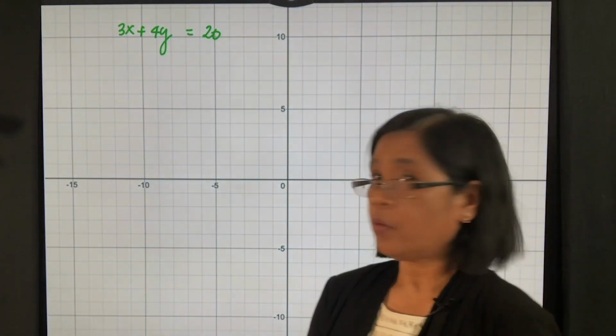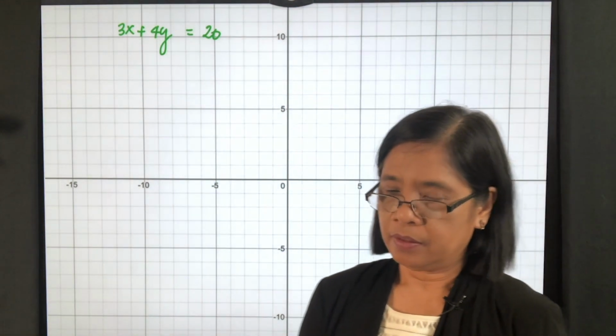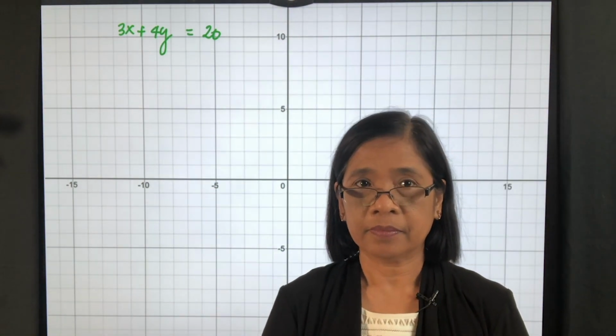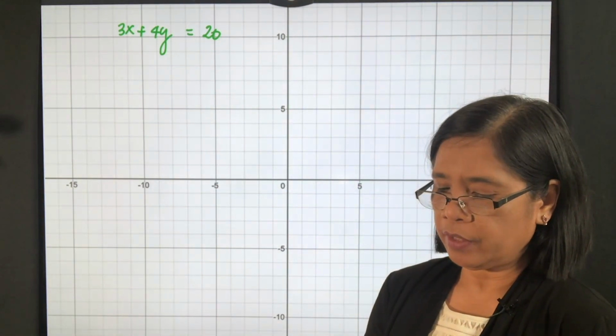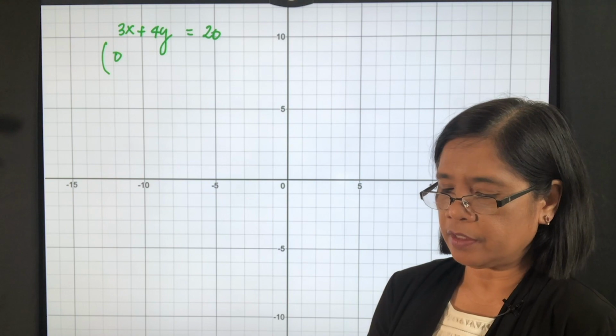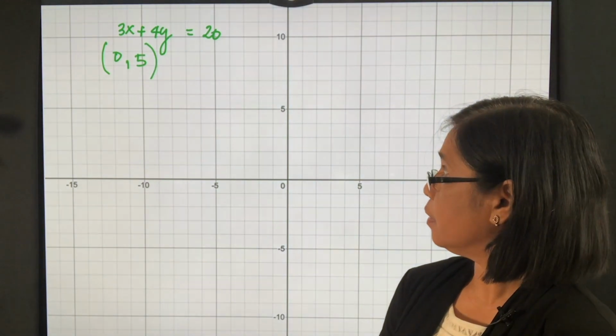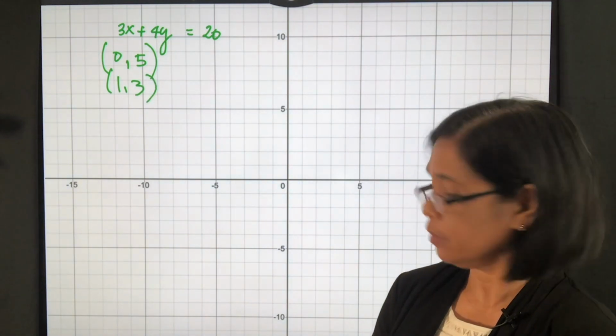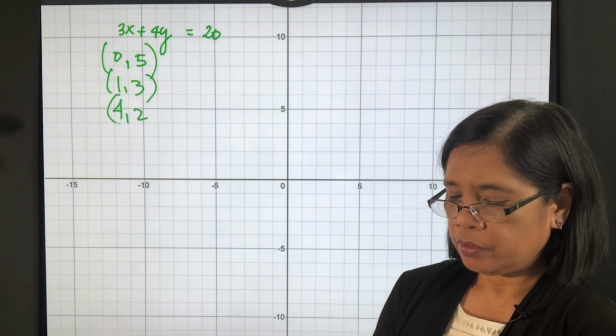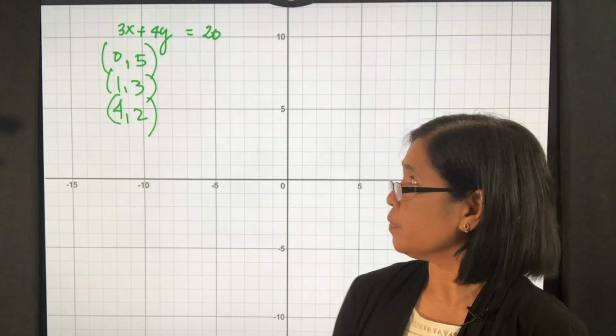So now we're ready to graph the equation 3x plus 4y equals 20. Remember, in our first example, we found out that the point (0, 5) was a solution, (1, 3) was not a solution, and (4, 2) is a solution.